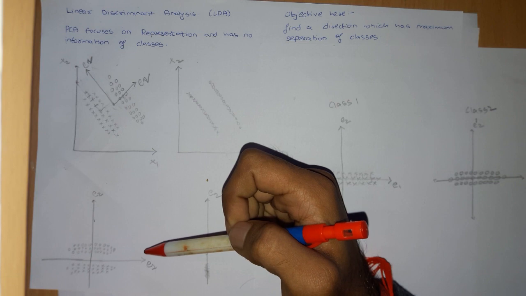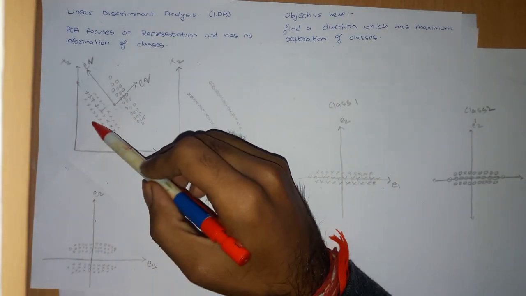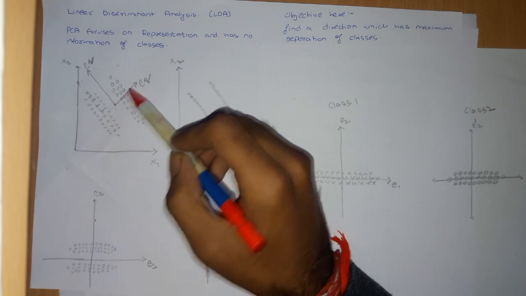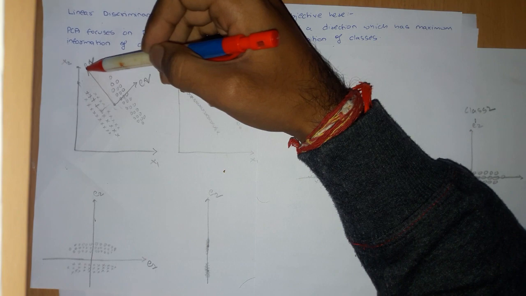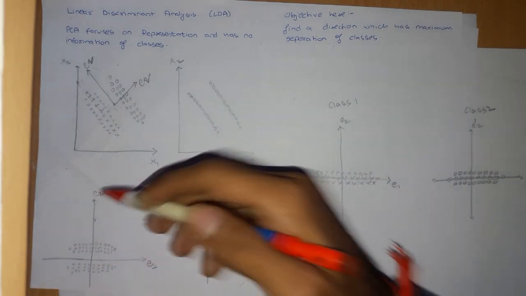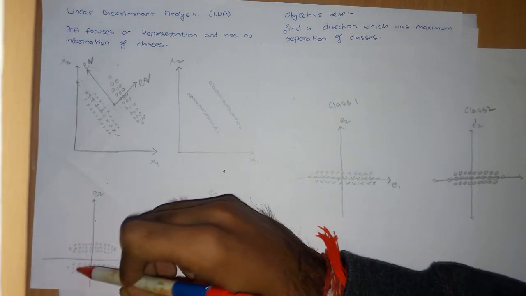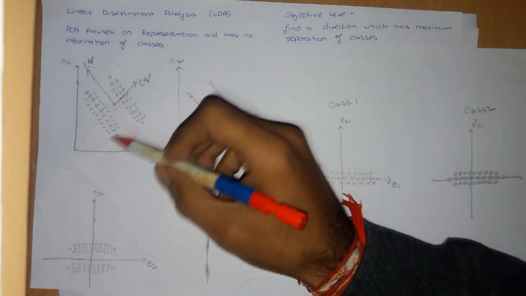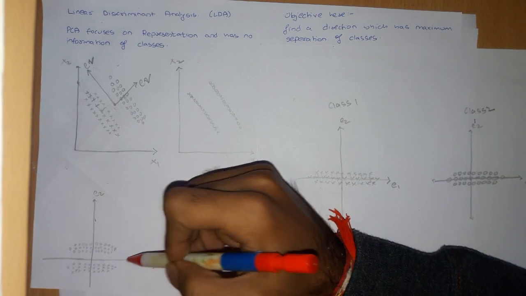Now you can see that E2 is the direction of relatively lesser variance than E1. E1 has more variance, E2 has less variance. So here you can see there is a problem. If I project all these points on E1, then both these classes will mix up. They will not be linearly separable anymore.